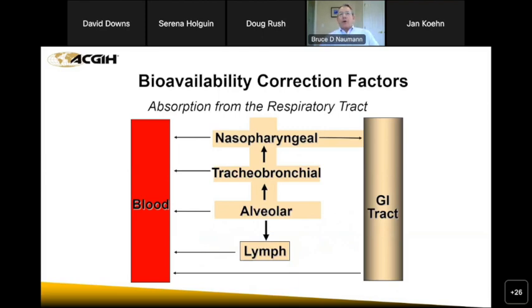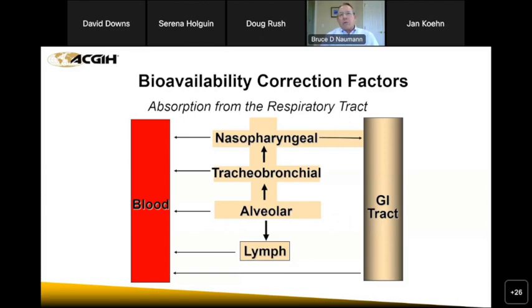Depending on which route you're talking about, maybe it's just an oral study, and you see here absorption directly from the GI tract into the blood on the bottom is maybe limited for some chemicals, whereas if you breathe it in and it comes through the respiratory tract, whether it's a vapor or even small particles that can get down into the deep lung, maybe medium size, slightly larger that could deposit in the conducting airways, there's absorption from all of those parts of the lung, and ultimately, it goes up and gets swallowed if it's not absorbed already.